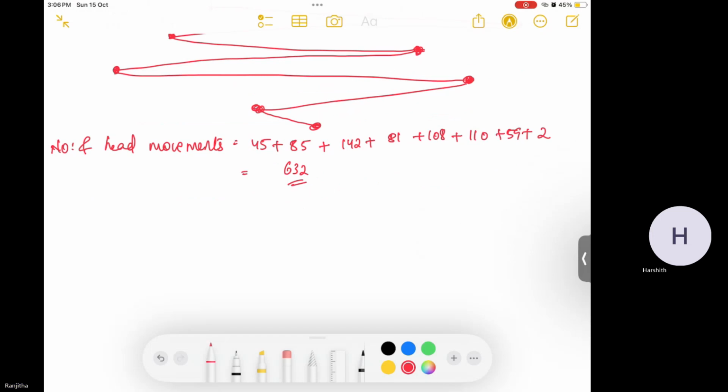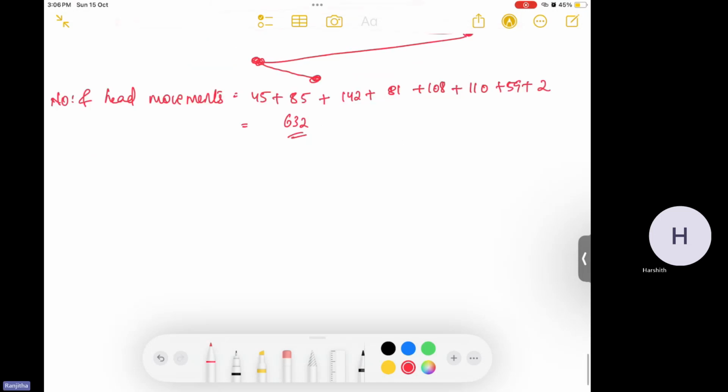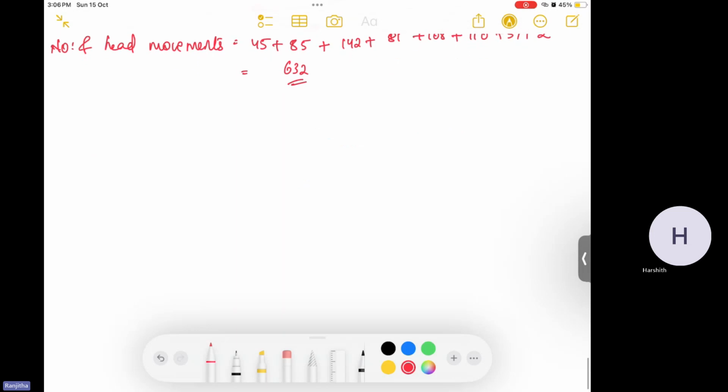So that is first in, first out. And the other algorithm is shortest seek time first, SSTF. So it's the same as our shortest job first.